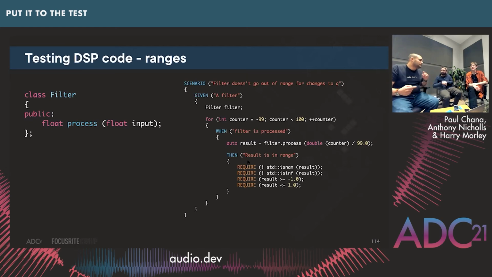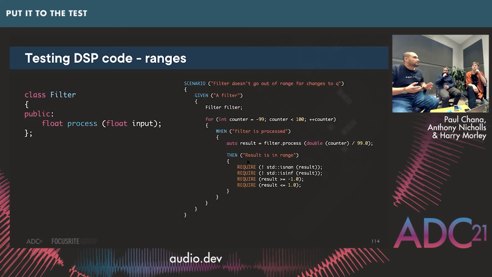The problem is that if you actually put that in a tight loop inside DSP, you'll A, blow your CPU out, and B, it'll blow the cache. So what actually happens is if you put is-nan inside DSP code, the code just slows down to the point where you can't actually use it anymore. But for tests, it's amazing.